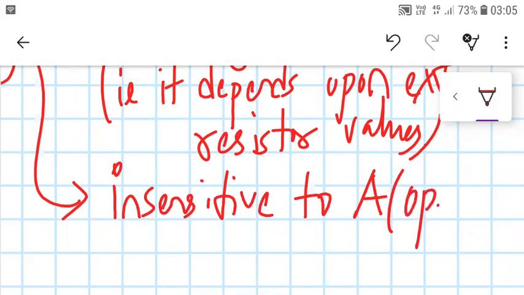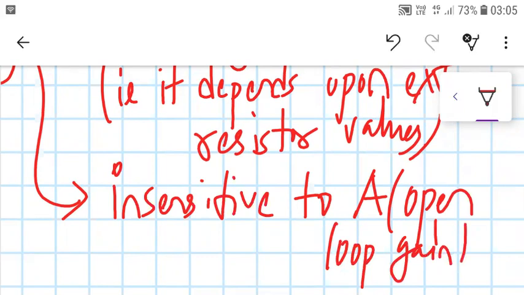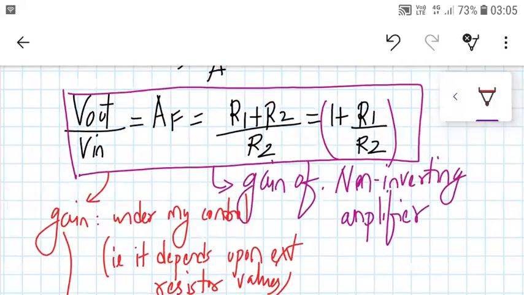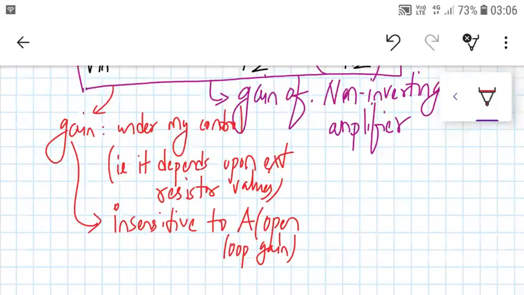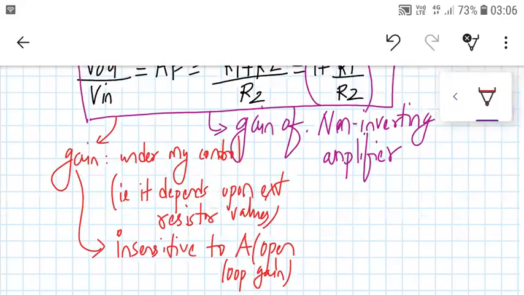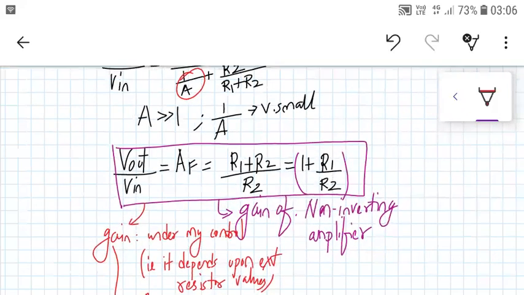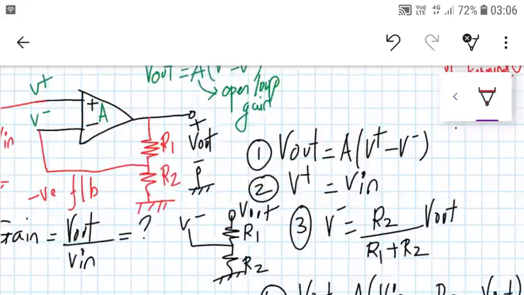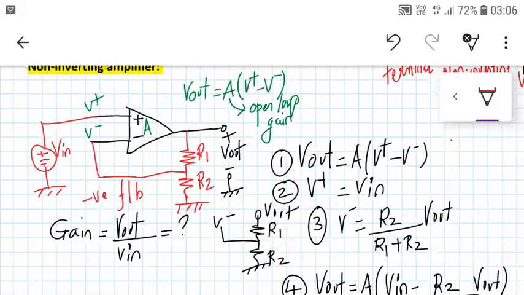A is nothing but your open loop gain. As you can see, there is no expression of A, and A can be a function of temperature or some other things. So this gain is completely independent of any internal parameters of the op-amp. It totally depends upon the external components, that is R1 and R2. So that's the biggest advantage of the non-inverting amplifier.